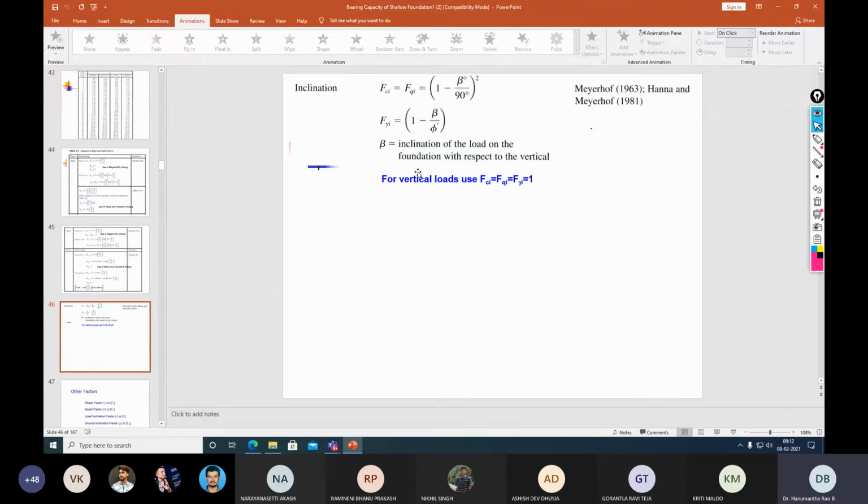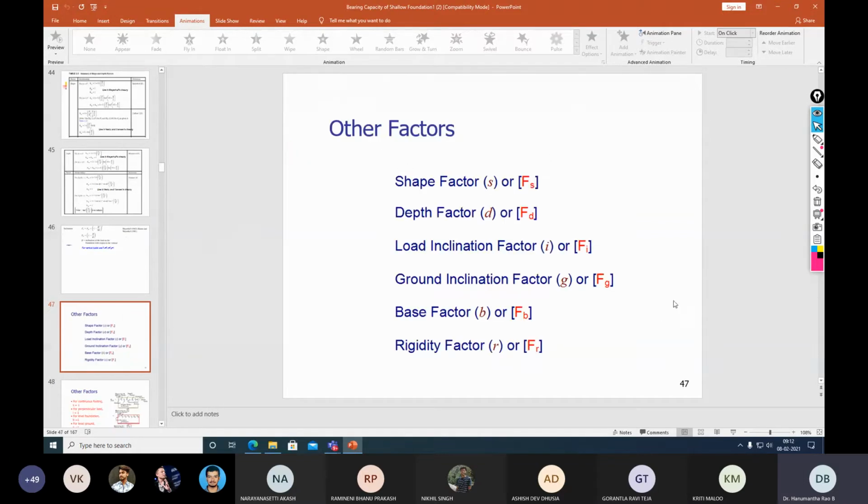Similarly, even Vesic and Hansen equations are also useful for calculating the bearing capacity of a deep foundation. So in addition to the three factors which were highlighted in the previous slide, that is shape factor, depth factor and inclination factor, there are other factors also proposed by different people, which include ground inclination factor, then base factor, then rigidity factor.